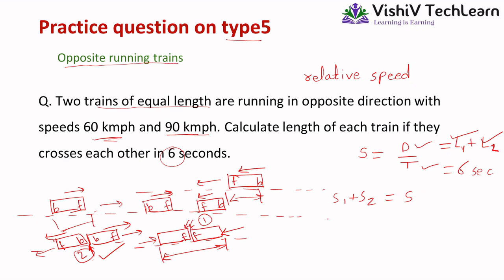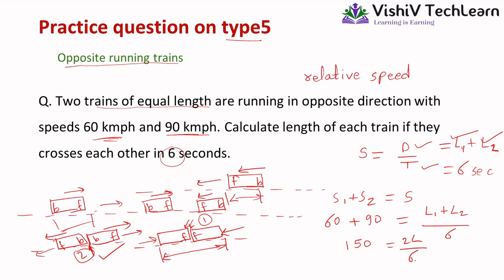Here we can solve. The speeds we have to add, so it will be 60 plus 90, and that is equal to the distance L1 plus L2, and since both are equal, we can write it as 2L, divided by the time of 6 seconds. Now 60 plus 90 is actually 150, so 150 is equal to 2L upon 6.